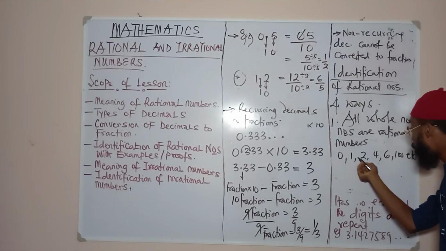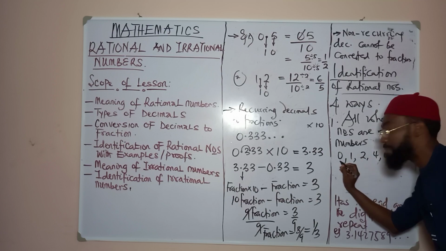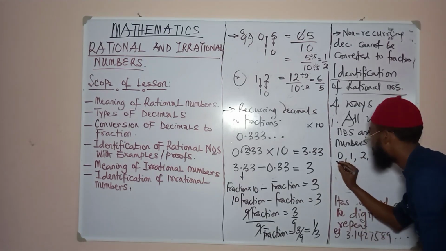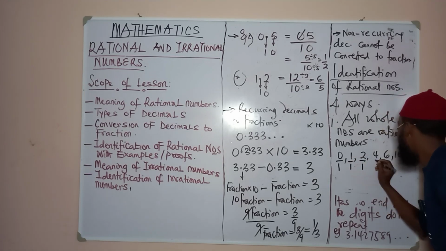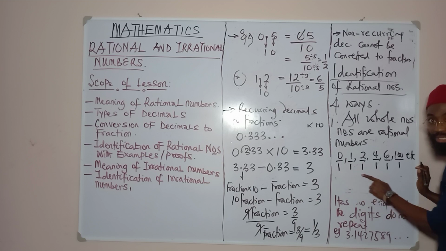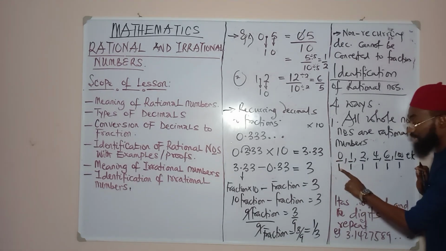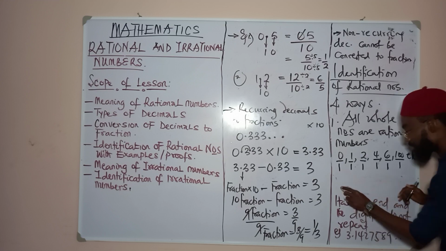Because we can express all these numbers as a fraction. How? Remember, a whole number that has no fraction, the denominator is always 1. So as long as I can express all these numbers as a fraction, it means they have both numerator and denominator. We call all whole numbers rational numbers.